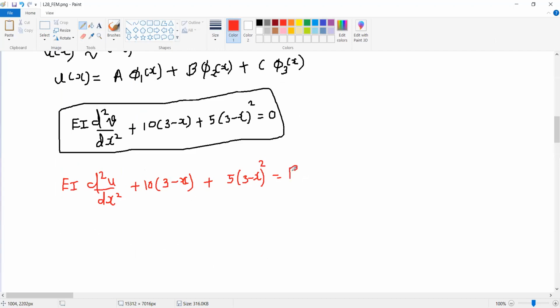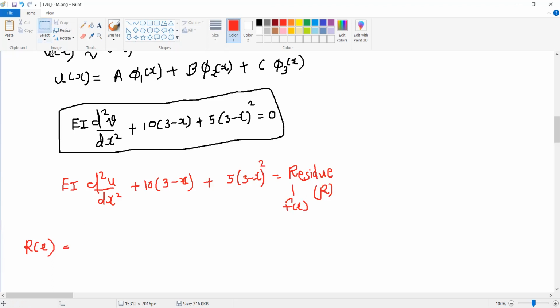Whatever is the remainder, which is a function of x, we call that the residue, and we denote it by r, which is a function of x.